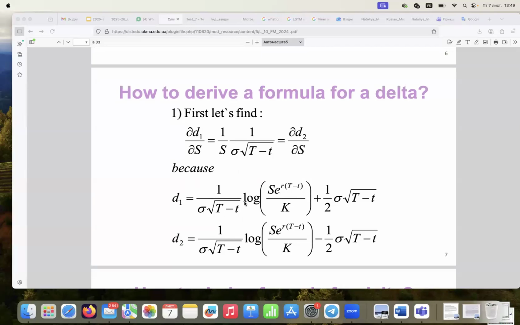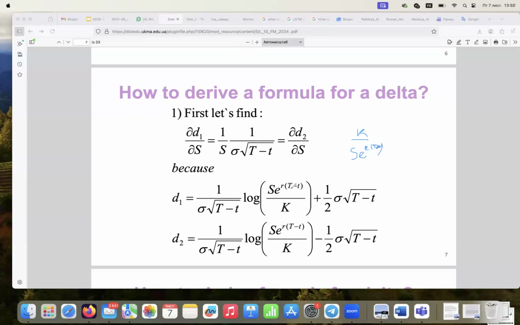The derivative of the logarithm is 1 divided by this expression, so it will be K divided by S e to the power r (T minus t).